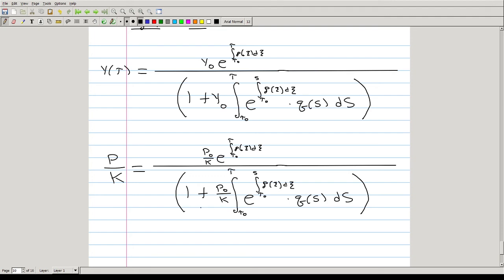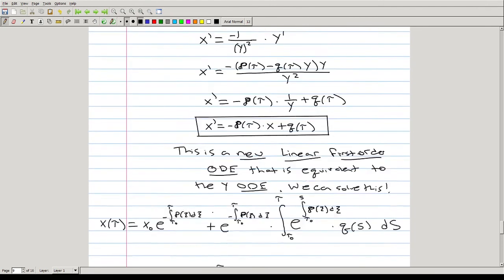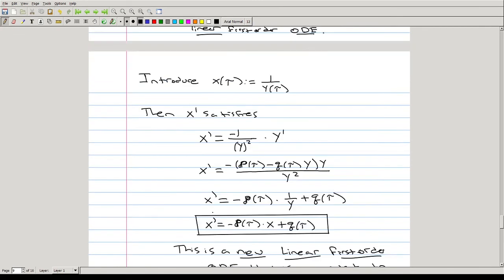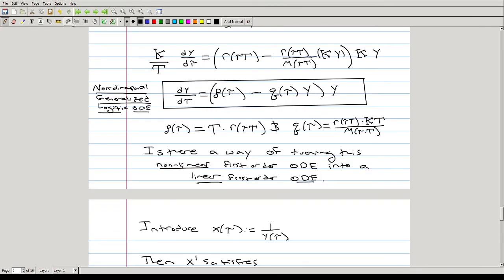And then remember that lowercase p and q are these functions of our chosen scaling parameters.